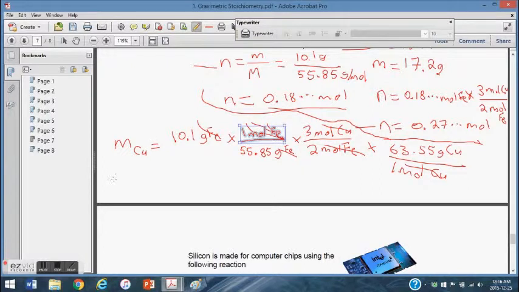So now my mass of copper is going to be equal to, take everything on the top and multiply them straight across. So I've got 10.1 times 1 times 3 times 63.55. Do that in one step. Lovely. And now, 2 ways you can do this.